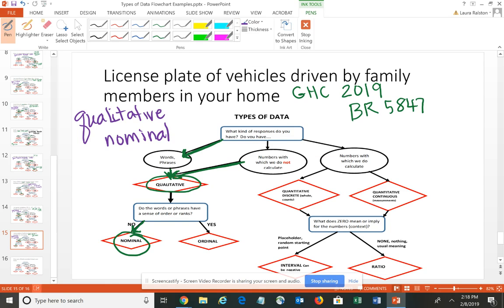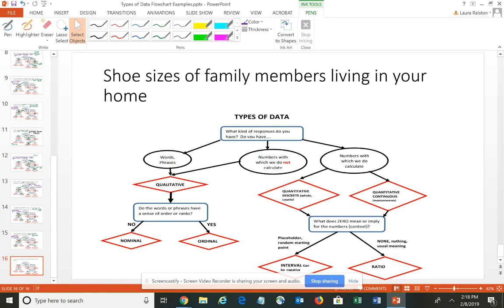Okay, and I believe I've got one more. The shoe sizes of family members living in your home. So again, think about what kind of responses you might get. You might get size 11. You might get, say, 9.5. You might get, say, a size 4. So again, you're getting numbers.